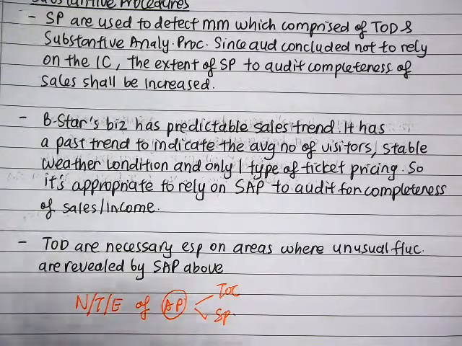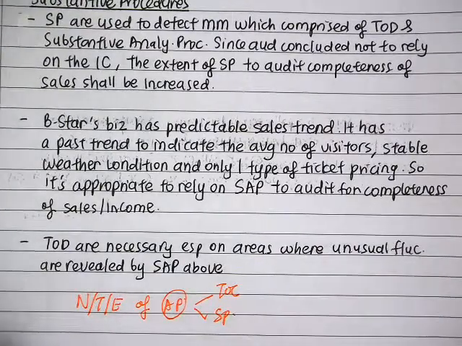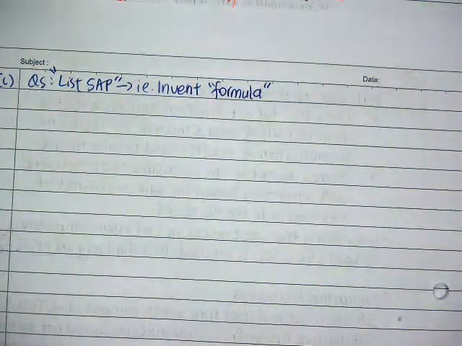Now they ask for AP, that means they want us to give the formula. So what we do here in part C number 1, the question says list substantive AP, i.e. you have to invent the formula.